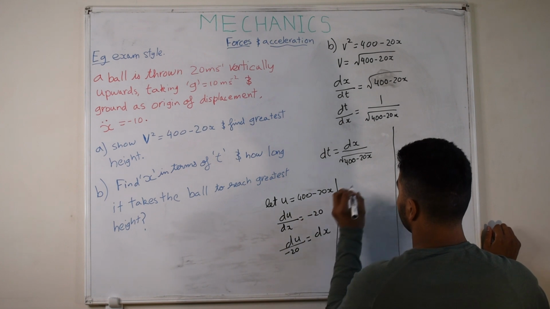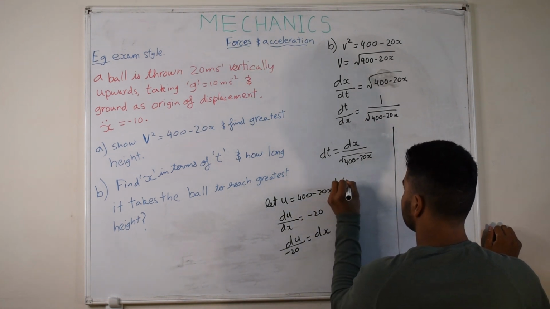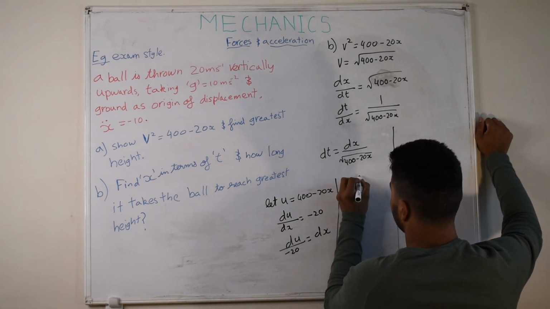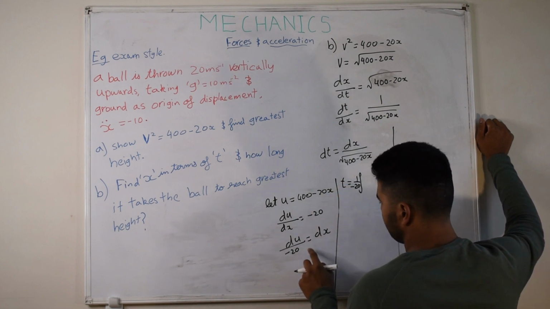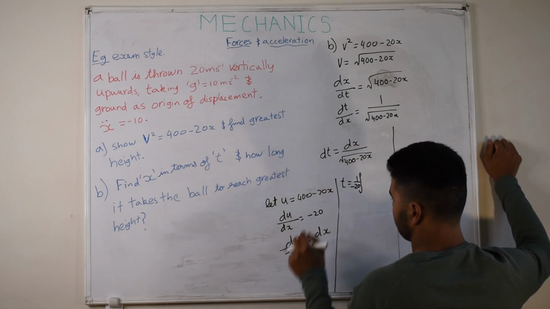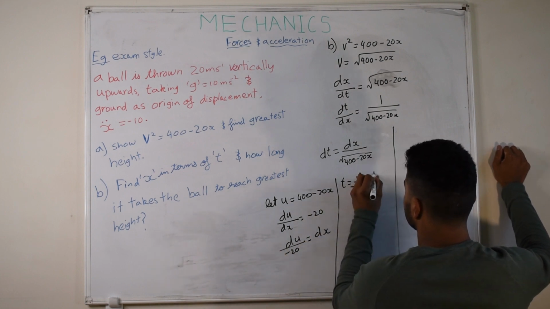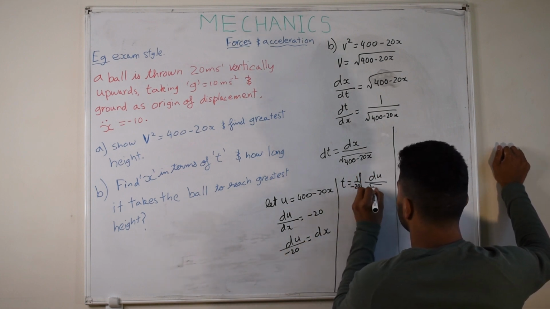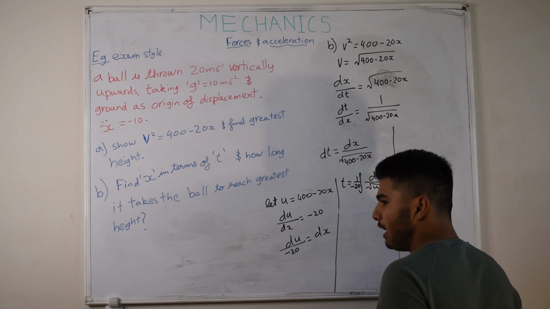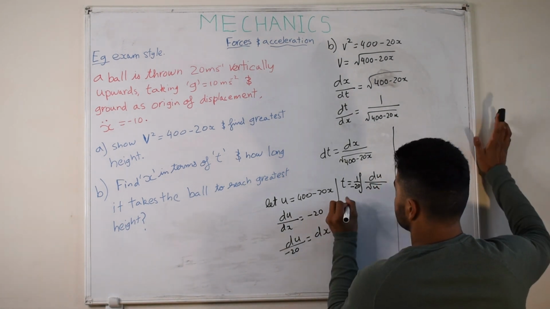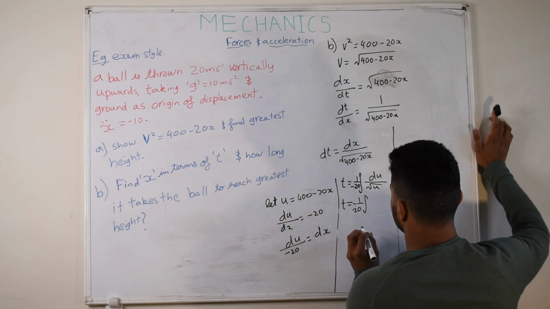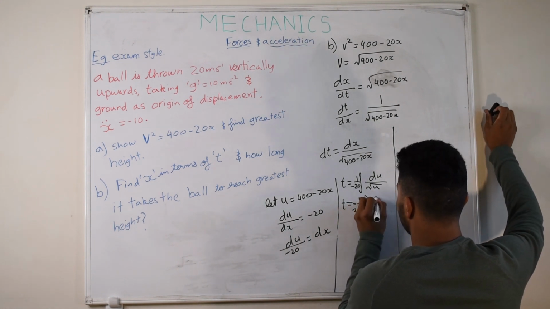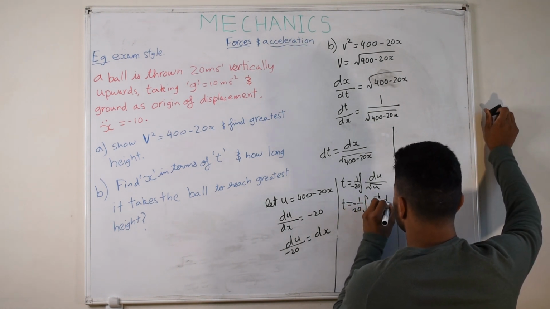We have t equals the integral of 1 upon negative 20, because we're multiplying the dx over here, du all upon the square root of u. So t then equals negative 1 upon 20, integral of u to the power of negative 1 upon 2 du.